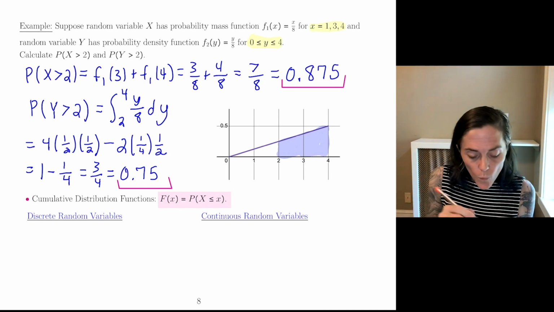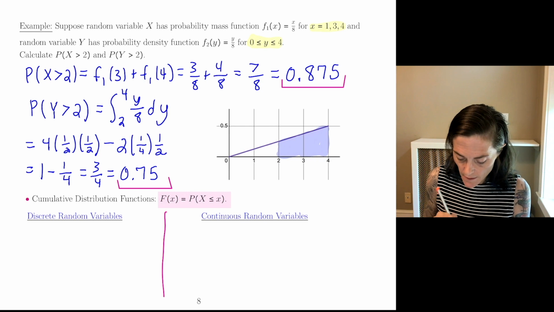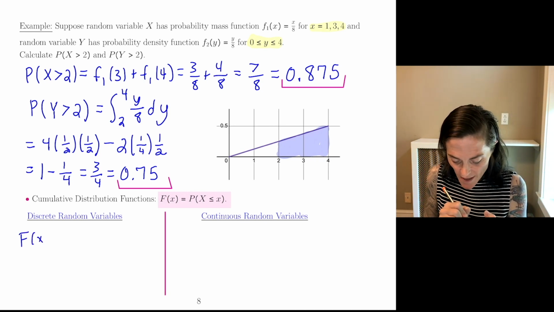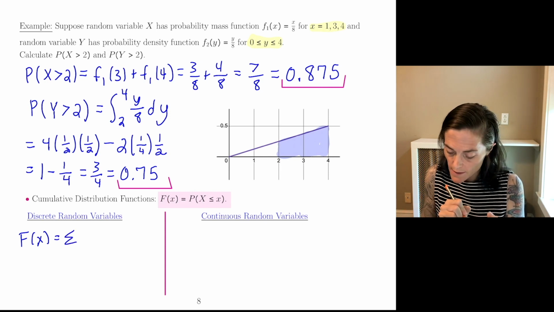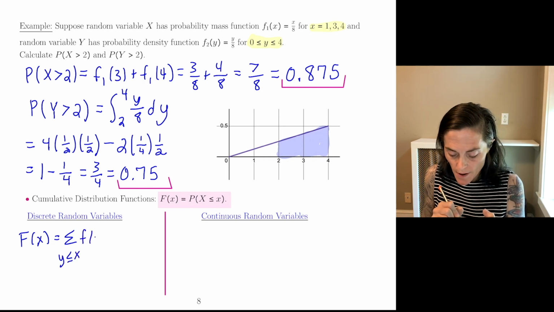So in the discrete world, it's a sum. This is really what I just want to mention here. Capital F of x, we would add overall, say y less than or equal to little x. We add up f of y.